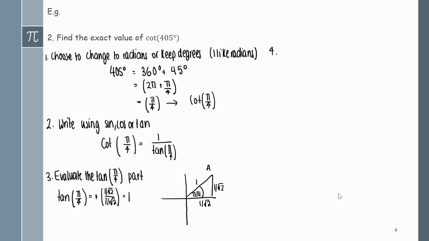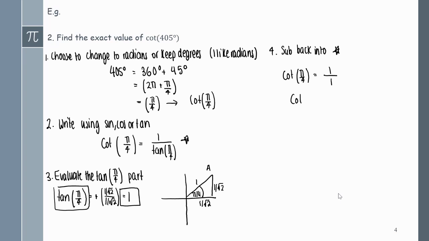Last step. Substitute this value of 1 back into our equation. So cot pi on 4 is equal to 1 over tan pi on 4, and tan pi on 4 was just 1. So cot pi on 4, this is nice, is actually 1.